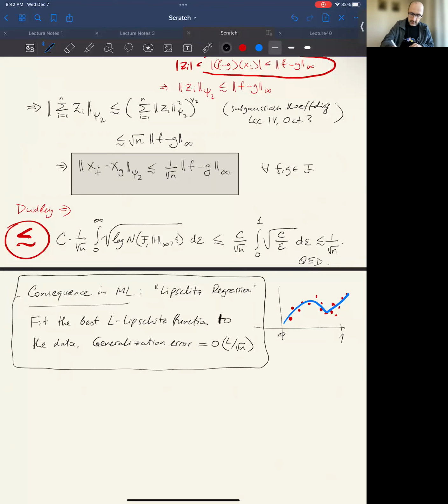So here the data is red points, the fitting function f is blue, and the data is xi, yi. And the generalization error is just the error of the fit, additional error coming from the finite sample.